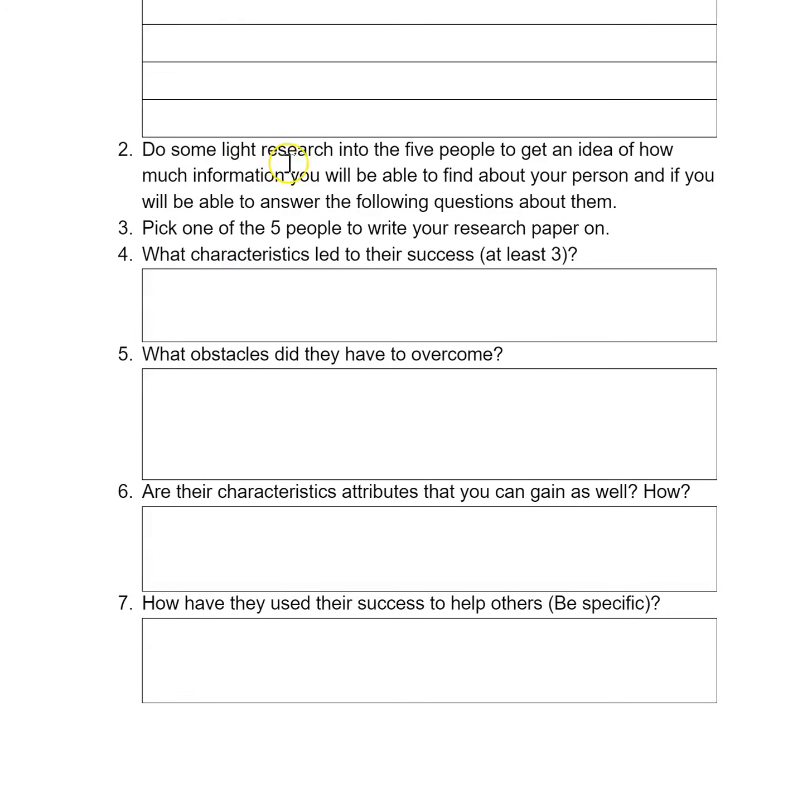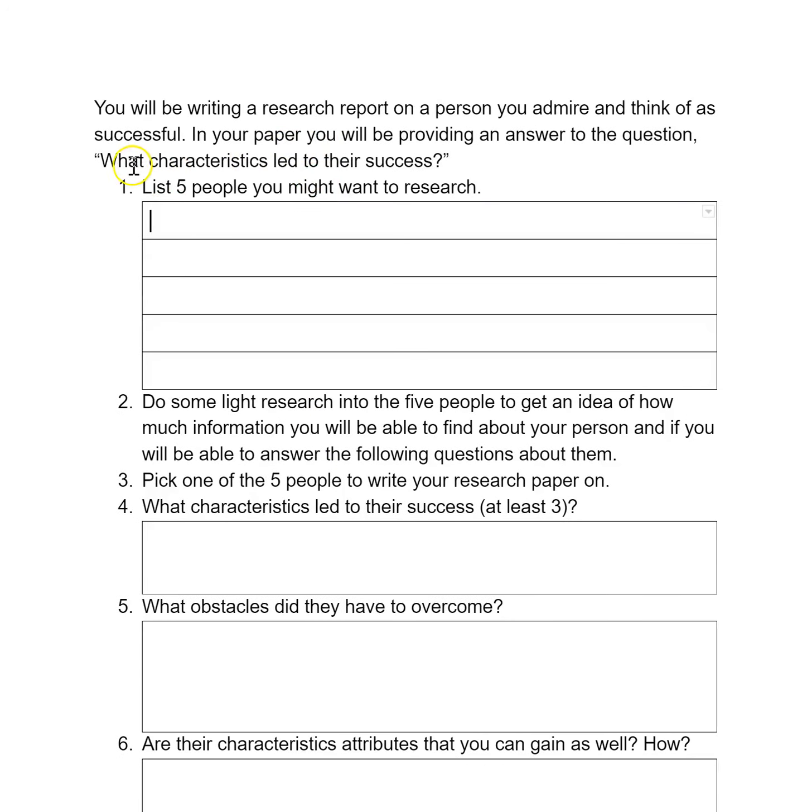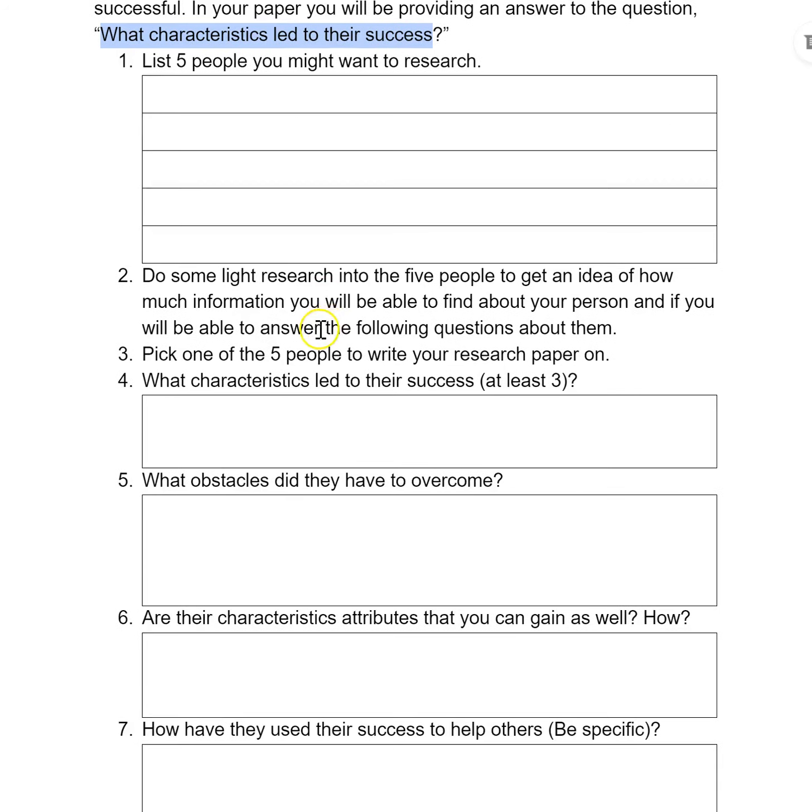Okay, next you're going to do some light research, meaning you're just doing some Google searches and reading some information about these people. You probably already know the people, but you're looking for, how can I answer this question? How can I answer what characteristics led to their success? So when you're doing your light research, you're looking at these people's names and saying, okay, what led to their success?